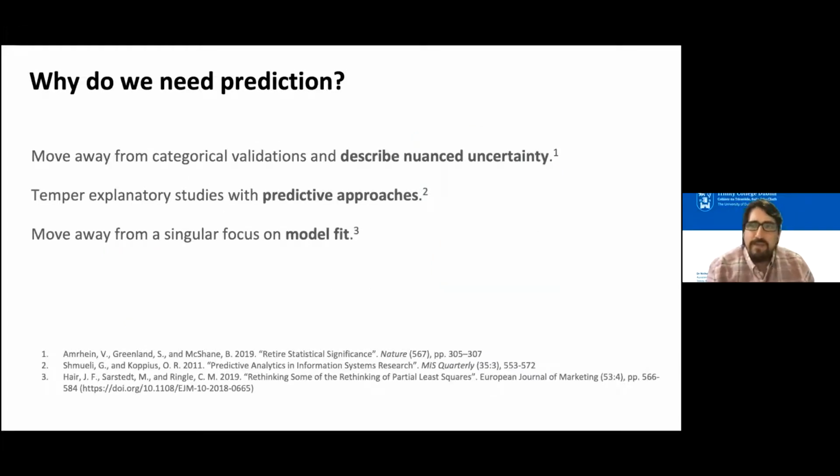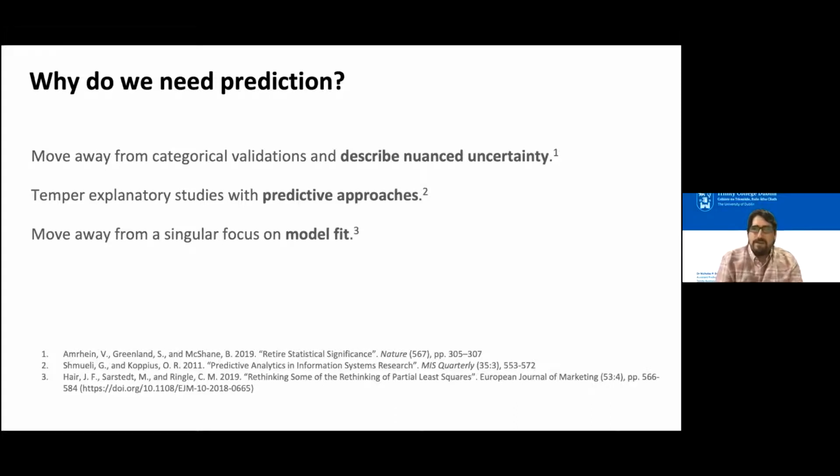So I'm going to start off with a bigger picture discussion about why prediction is necessary in research. Eminent methodologists and statisticians are advising now that we move away from categorical validations and binary tests of significant versus non-significant.